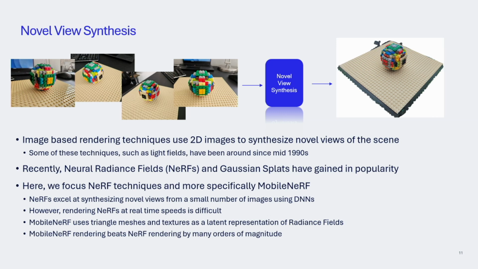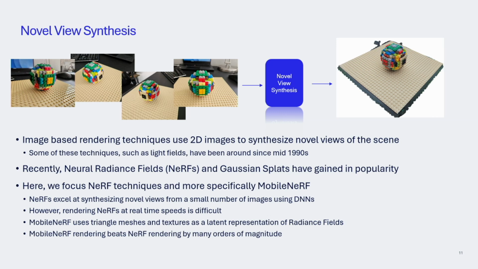NeRFs really excel in synthesizing novel views from a small number of images using deep neural networks. However, at inference time, when we have to render these NeRFs, that's very difficult in real time, even on high-end GPUs, primarily because rendering NeRFs is volumetric, similar to volumetric ray marching, where we have to sample hundreds of points potentially along the ray for each pixel.